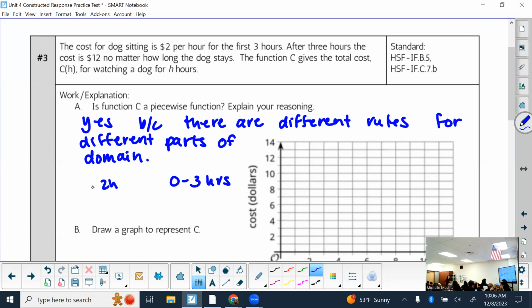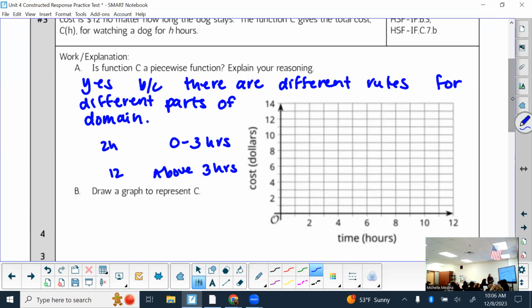That's the rule. And then for above 3 hours, it doesn't give you a limit. On your test, there will be a limit, like a maximum of this many hours, but on this one there's not. Above 3 hours, what are they charging? $12 no matter what, not $12 per hour, just $12. So that's 2 different rules for different parts of the domain, for different hours. So yeah, that's a piecewise function.